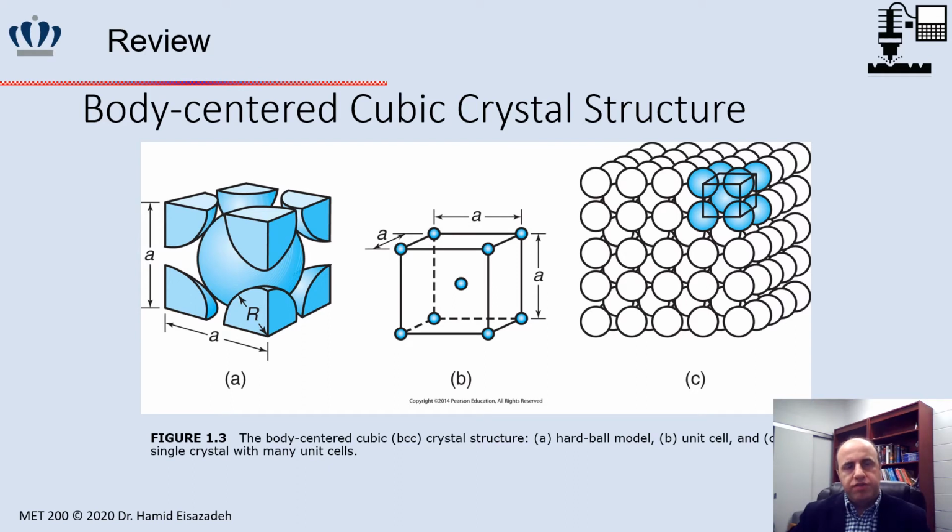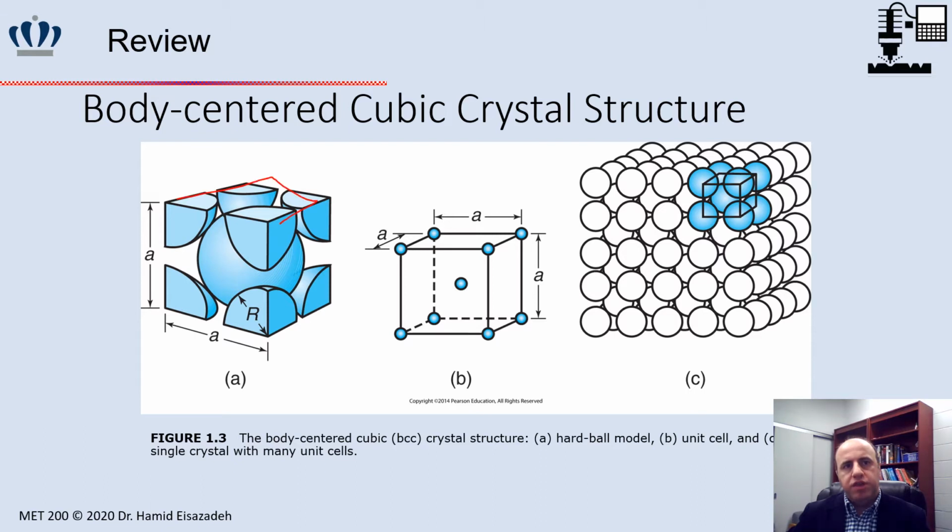And then we discussed the different types of crystal structure available in solid material, mostly metal, and this is the BCC. It means body center cube. We have one atom inside the unit cell.